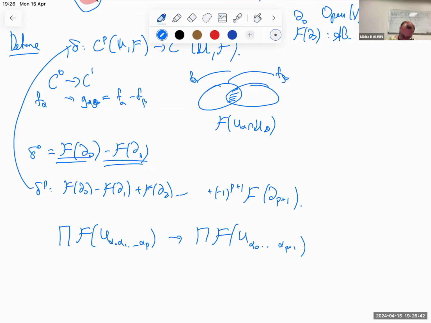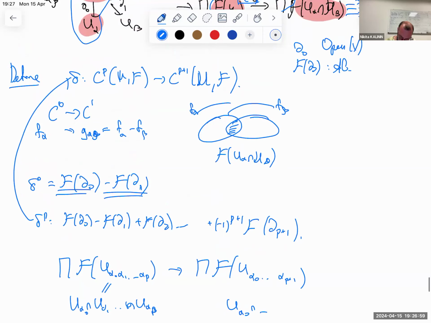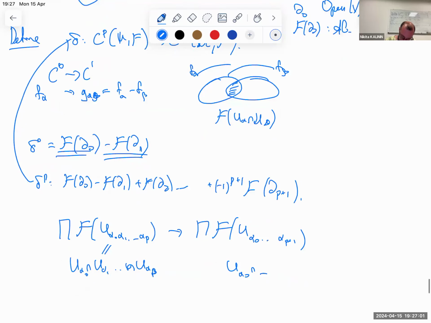And that's just the intersection of u alpha 0 intersect u alpha 1 intersect u alpha p. And if you have here the intersection of alpha 0, wait, something is wrong with the indices. So we should start from 1.